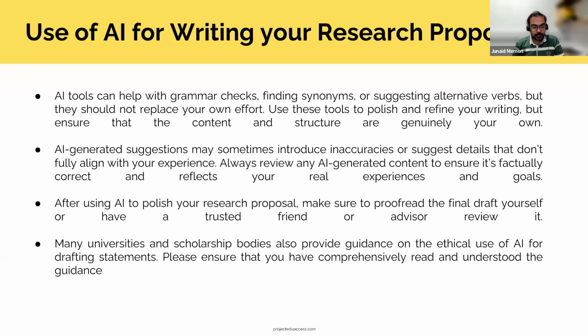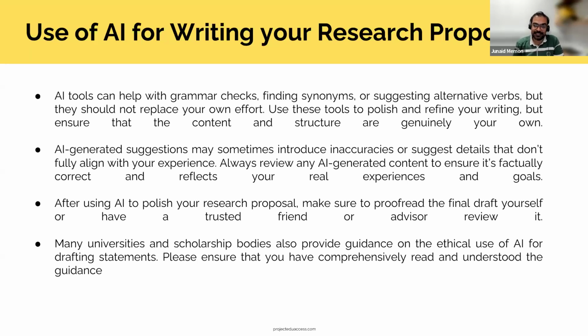You can use AI for improving the structure of your sentences, fixing grammar issues, finding synonyms for particular words, or paraphrasing a particular paragraph. You can use AI like ChatGPT, and it does a very good job, giving you a very nice coherent paragraph. But what you shouldn't do is rely on AI to write your research proposal for you.